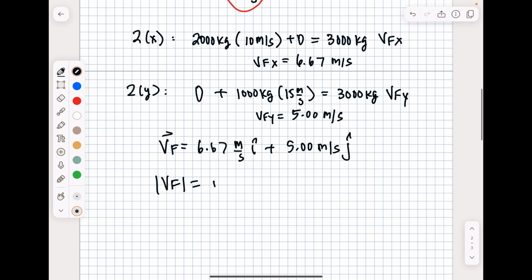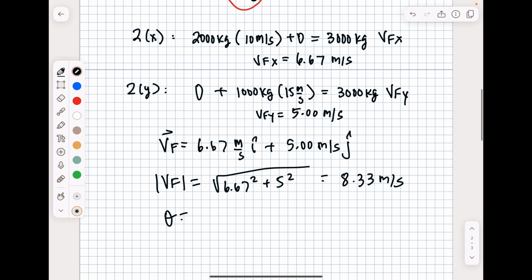So the magnitude would be obviously the square root of 6.67 squared plus 5 squared, which is about 8.33. Angle would be tan inverse of y over x.